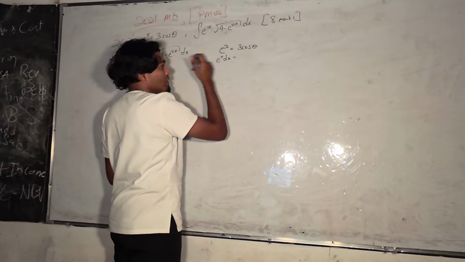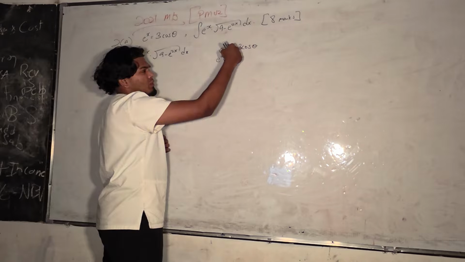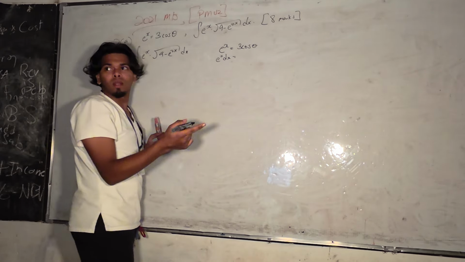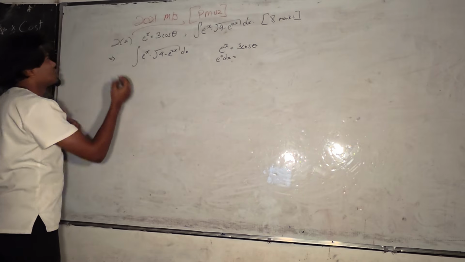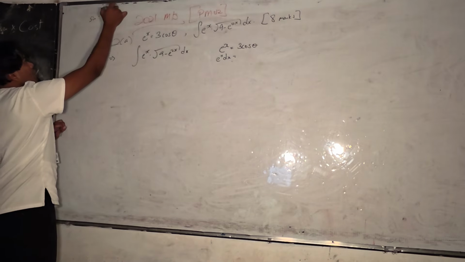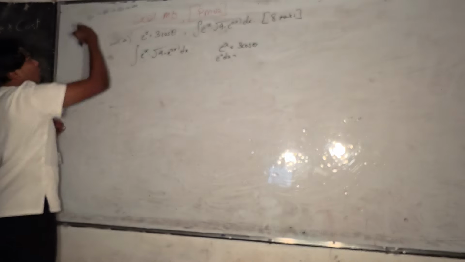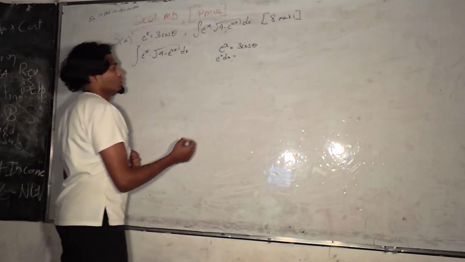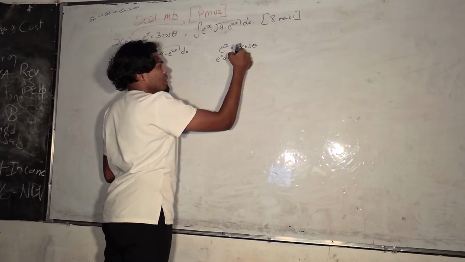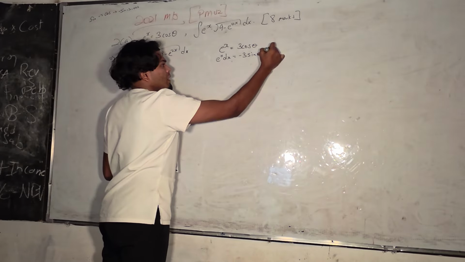When you differentiate the trig function cos theta, you get minus sine. So we get negative 3 sine theta d theta.